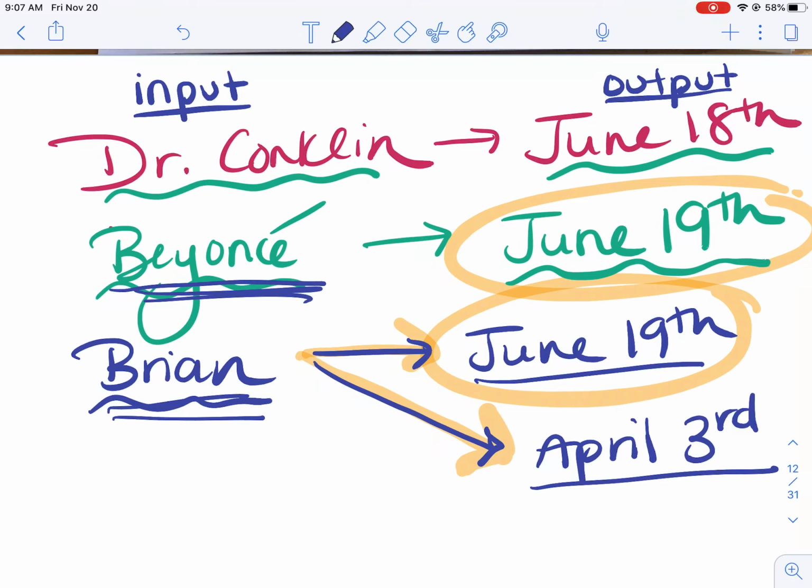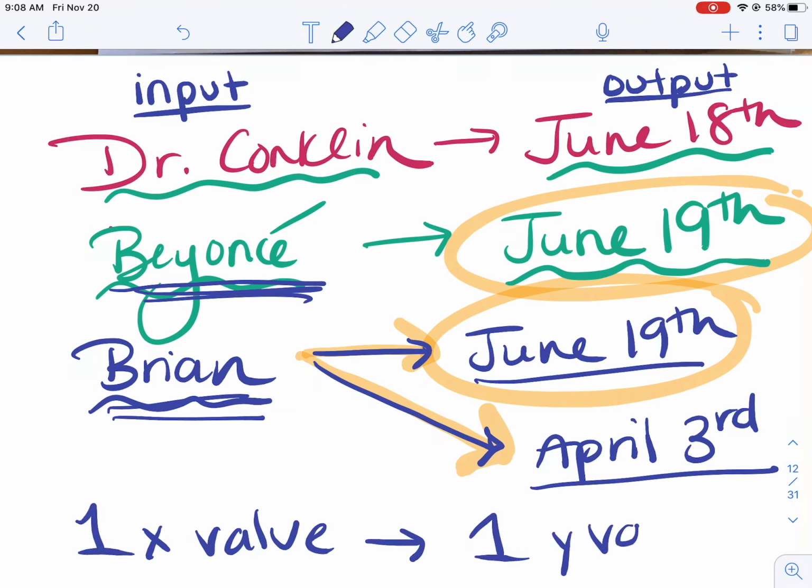If we have one x value, it has to go to one y value.